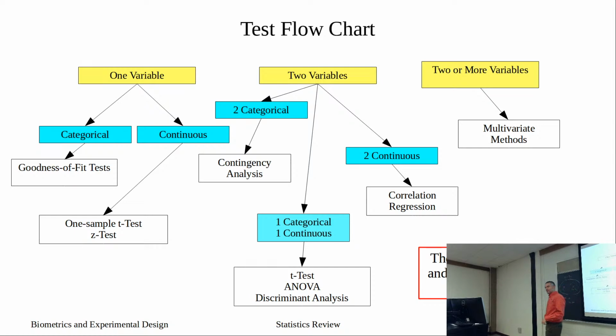Both of those tests are testing means. If we flip it, so we have a continuous measurement variable and then a categorical one, now we've kind of flipped it to more of a discriminant analysis. But it still doesn't change the fact that we have two variables, one categorical, one continuous.